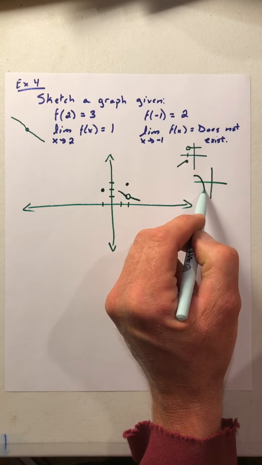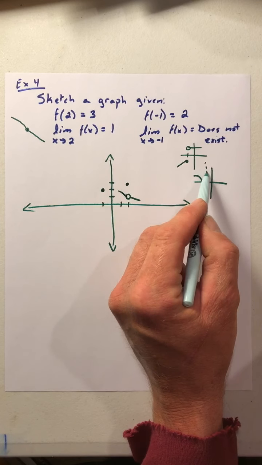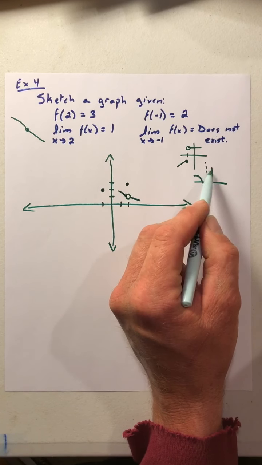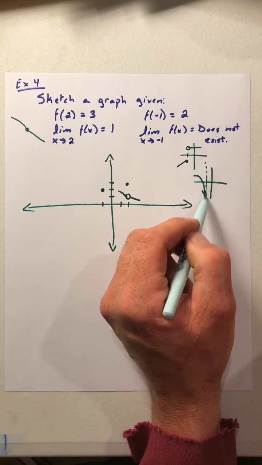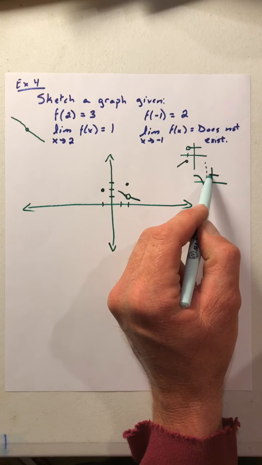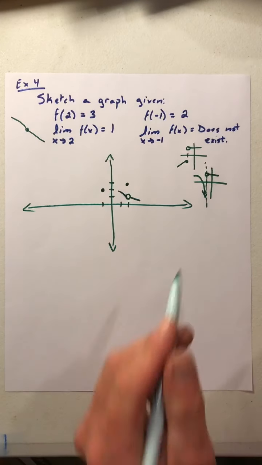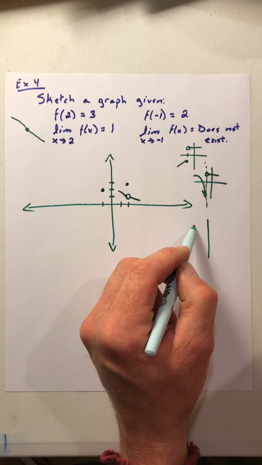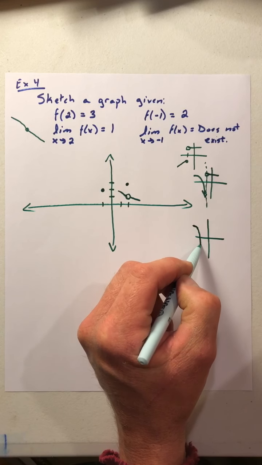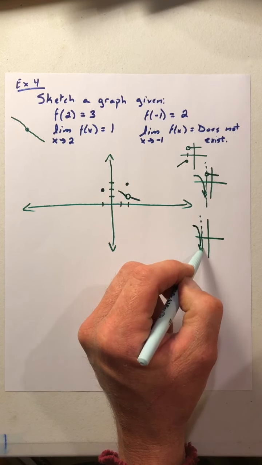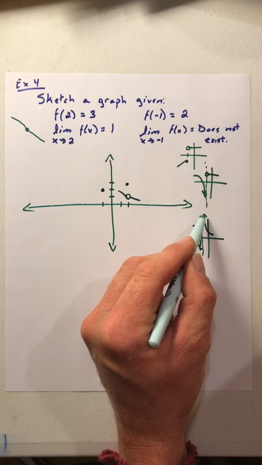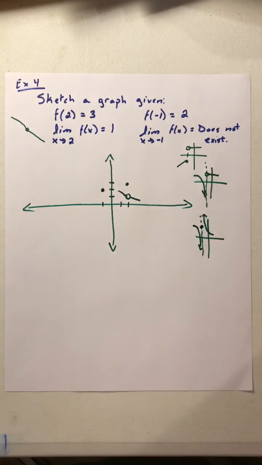It could be that there's an asymptote there, or a one-sided asymptote if you wish, and then maybe this comes in to a point. It could be that the graph comes in to an asymptote, and this side comes into an asymptote, but we're actually defined for the graph at that point.